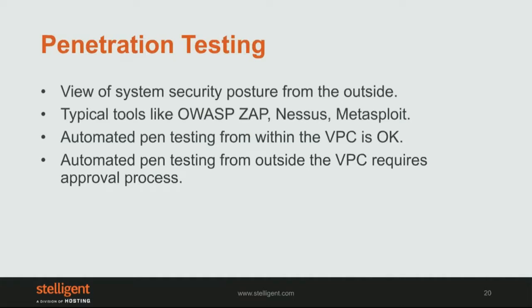You're able to do things like OWASP ZAP, or Nessus or Metasploit testing in order to validate the security of your application and the infrastructure that it's riding on. As I mentioned here, automated penetration testing from within a VPC is okay. It's automated penetration testing from outside the VPC where you need to go through the process of getting permission from AWS to perform that kind of testing.